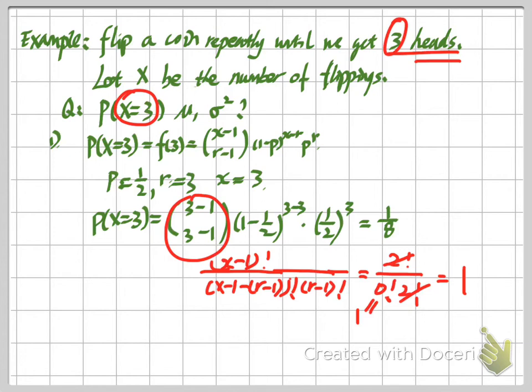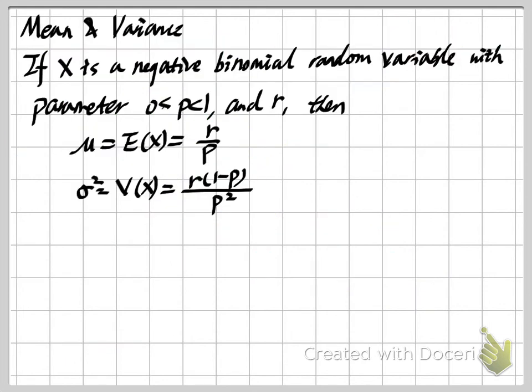Okay, so this is how we can get the answer for part 1, to compute the probability of capital X equals 3. And then for part 2, about how to compute the mean or mu of this question. Because we already said this X is a negative binomial random variable, we can use our formulas for the mean and variance to compute it.